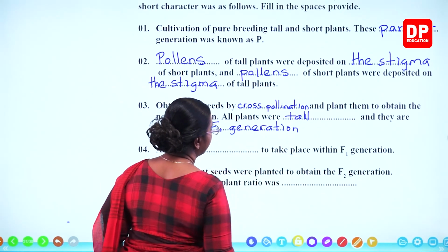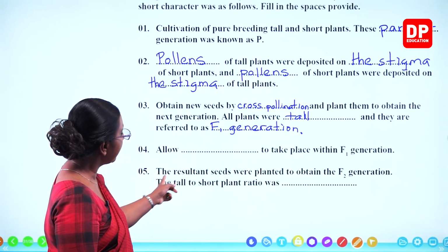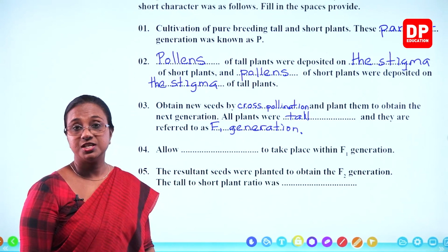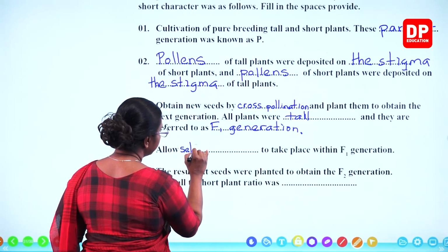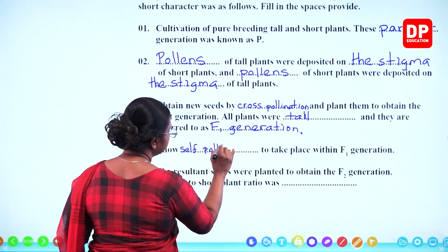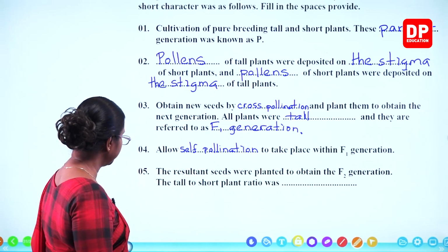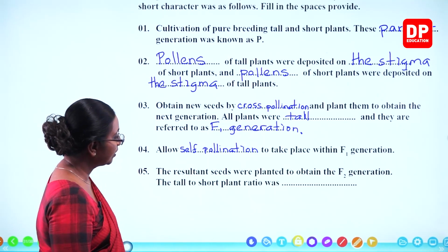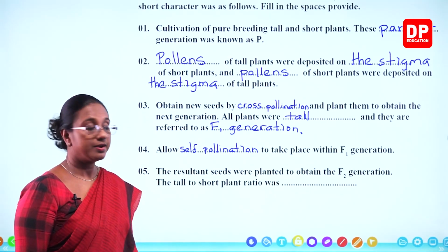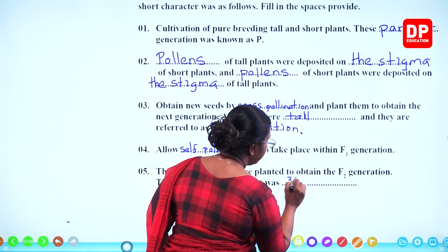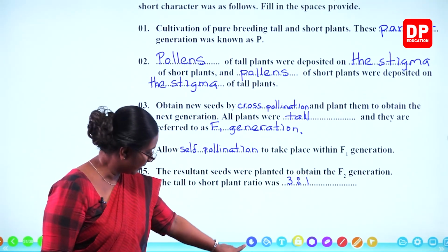Allow self-pollination to take place within F1 generation. The resultant seeds were planted to obtain the F2 generation. The tall to short plant ratio was 3:1. That is how you fill in the spaces.